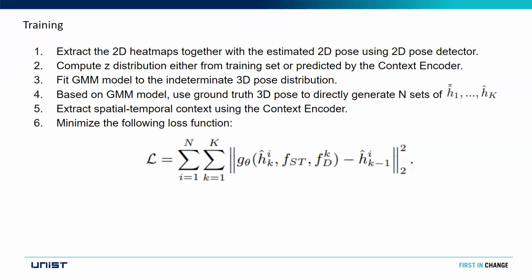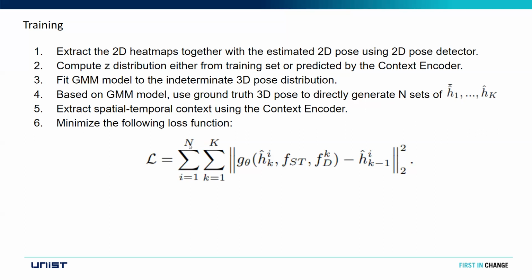Then they fit the GMM, the Gaussian mixture model, to the indeterminate 3D pose distribution that was generated in the second step. Then based on the GMM, they use the ground truth 3D pose to directly generate n sets of H1 to HK. And for each HI, we have n sets.